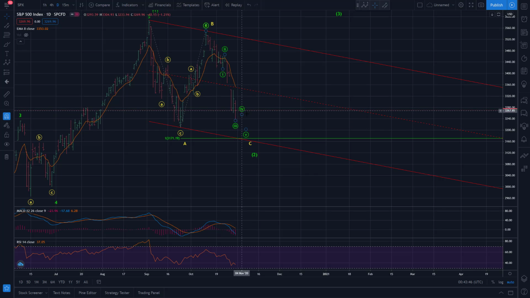I mean, it's a good idea to at least put a feeler size position in here with the intention to average down or average up, depending what happens here, right? Because that truncated C back in June, I'll tell you right now, that one got away from me, and I regret it. I could have made a lot more money, had I at least started initiating a long position.